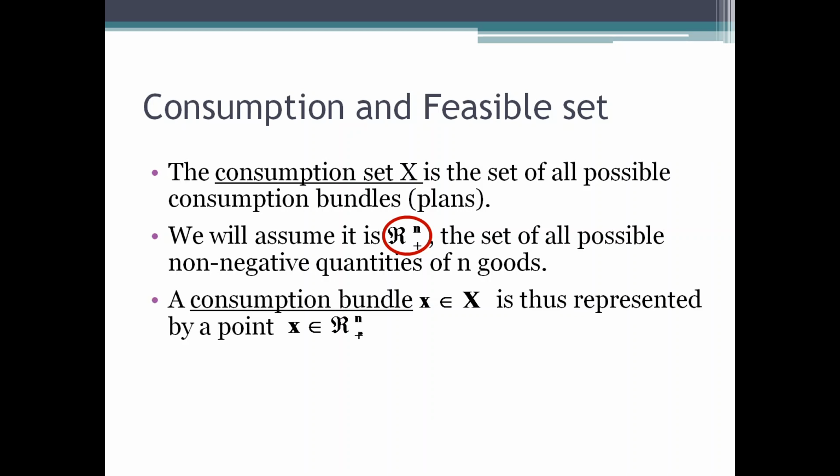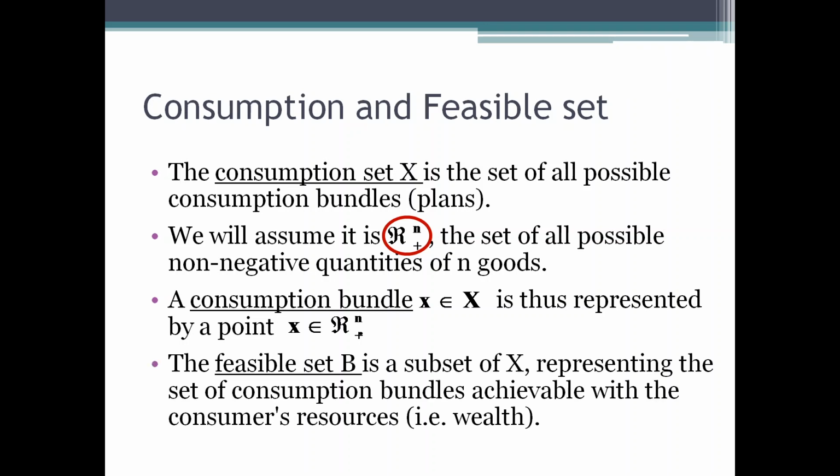A consumption bundle x that belongs to the big consumption set X is thus represented by a point x that belongs to the R^n_+ space. Since the consumption set is an R^n_+ space, and the consumption bundle x belongs to the consumption set X, definitely this consumption bundle, the point x, belongs to the R^n_+ space.